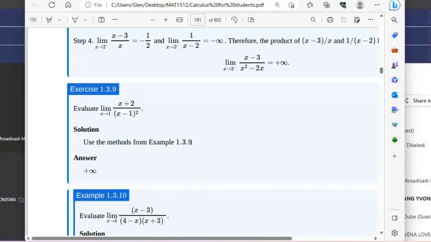Then the product of those two will give you a negative number. Taking into account where we started, that this becomes undefined, that justifies our negative infinity.